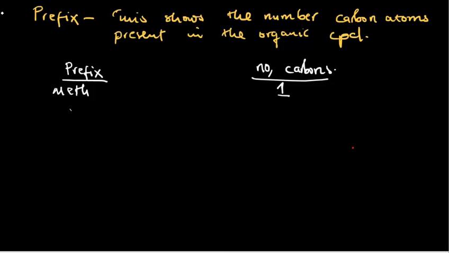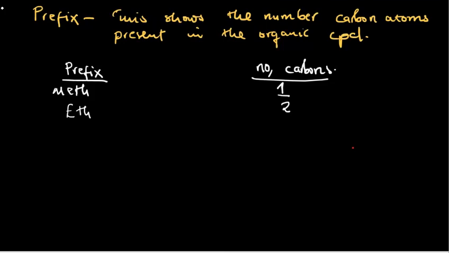Then we also have eth. Names that start with eth, e.g. ethanol, ethane, ethyne, as long as they start with eth, have two carbon atoms.